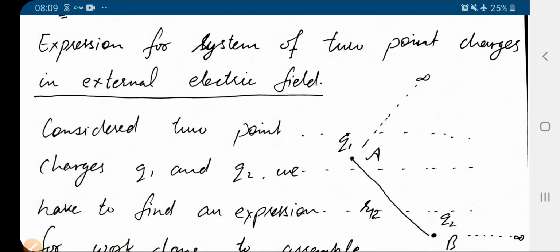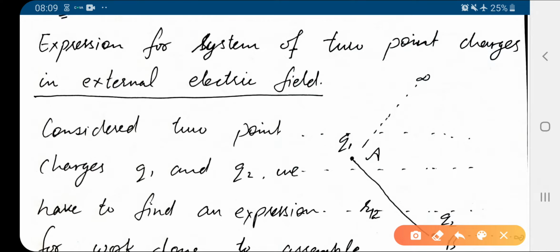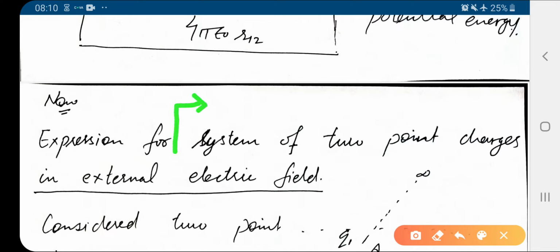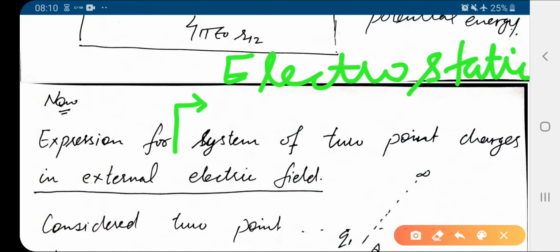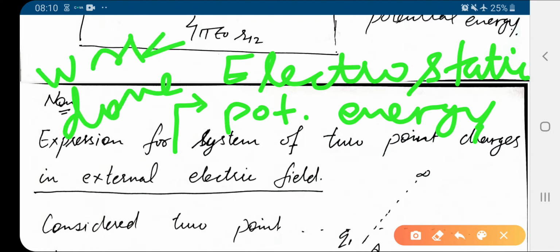So heading of the topic is expression for electrostatic potential energy, or you can say work done, for the system of 2-point charge in external electric field.